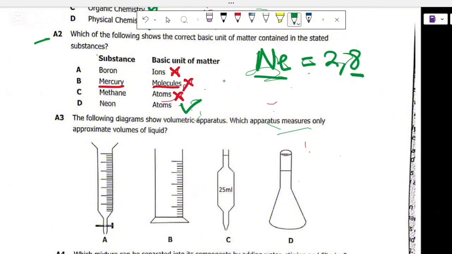So that's how we can answer this particular question. Neon is the best answer here because it is composed of atoms. It is a basic unit.